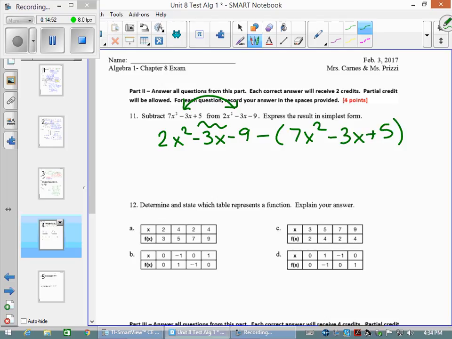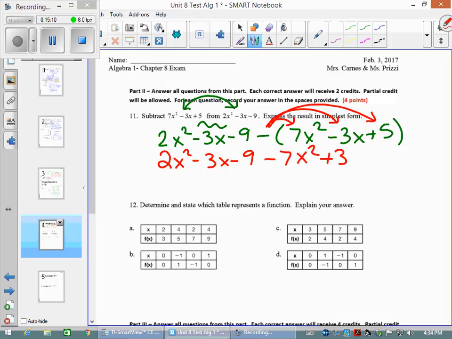Now, the first thing I need to do is I have this negative here. I need to make sure that I distribute this negative to each term. So my first three terms do not change, but then I have a negative 7x squared plus 3x minus 5. My final step is I need to combine my like terms. I have 2x squared and a negative 7x squared, so that gives me a negative 5x squared.